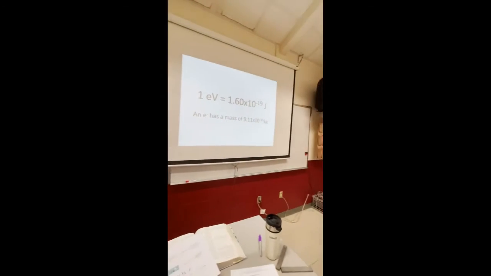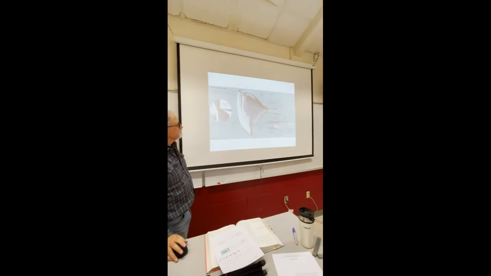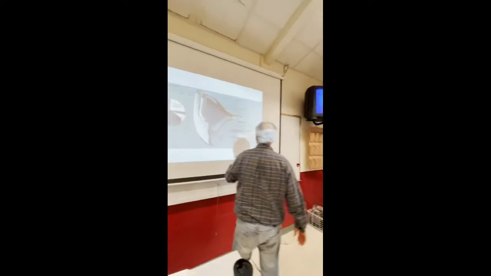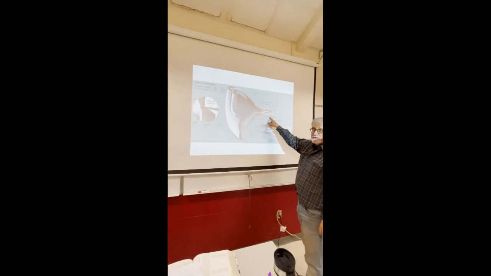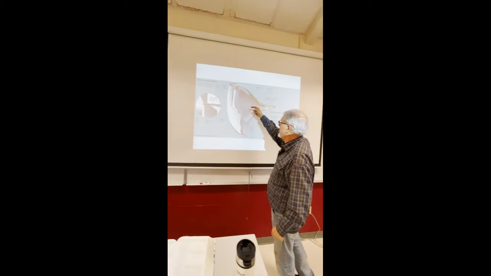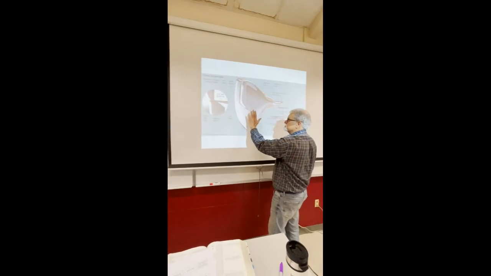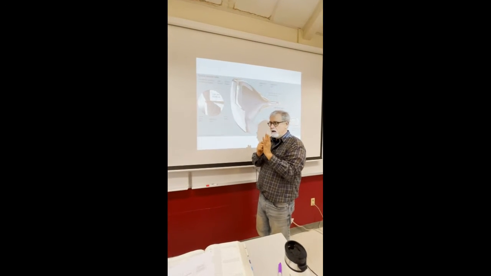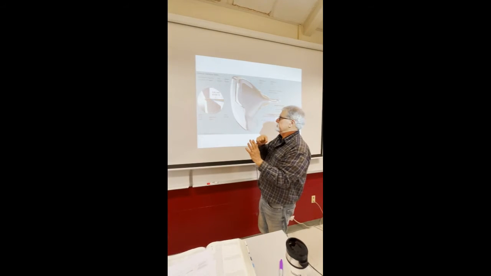Here's a diagram of the tube that's in this screen. It has in the back an electron gun that shoots electrons out towards a phosphor screen, and when an electron hits it, photons are emitted.